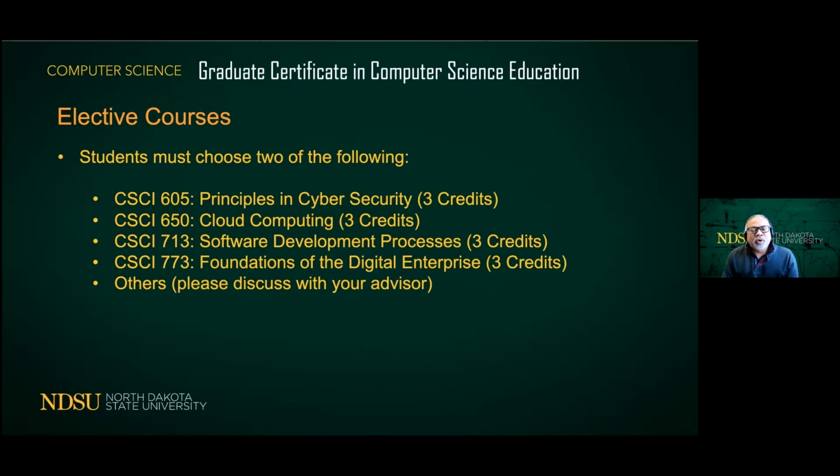This course talks about different enterprise systems and the different types of technologies that are used in creating an e-commerce website. Apart from these 4 courses, the students can also pick any of the other computer science graduate courses that are offered by the department, but this would be in conjunction with their advisor.